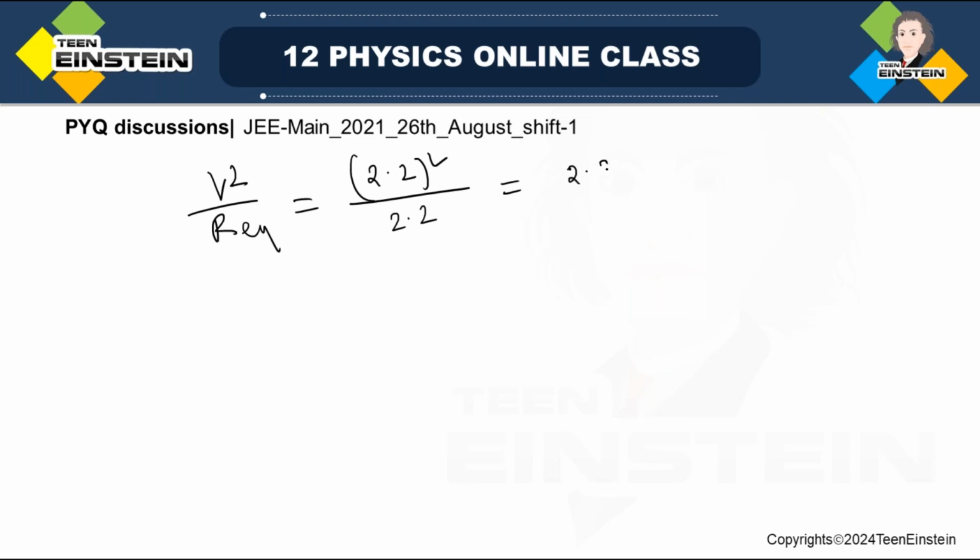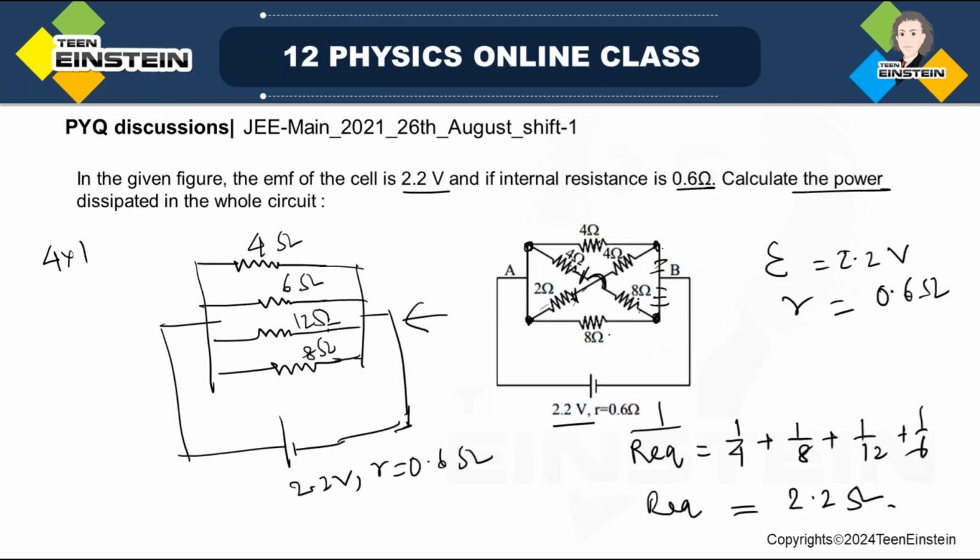I'm sorry, there will be one more resistance added to it. It is 0.6 actually. So this will be 15 by 24. Along with that, you have to add 0.6.